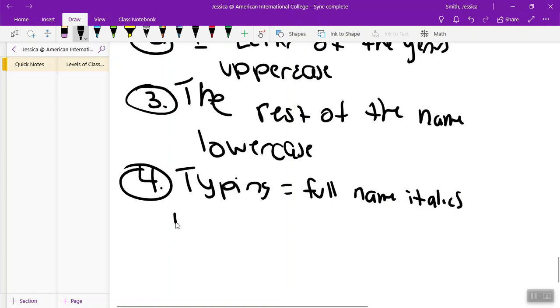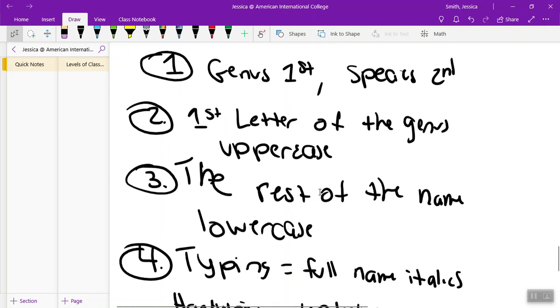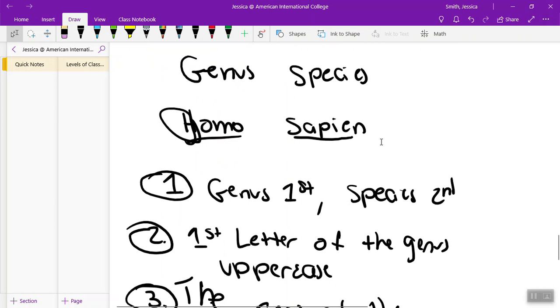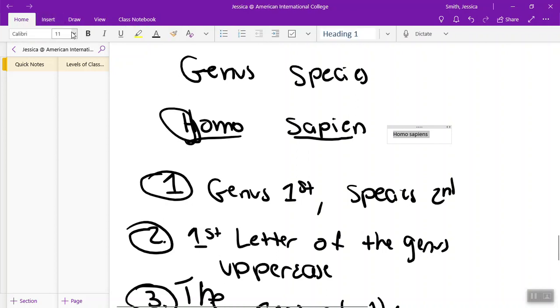If you're handwriting on a piece of paper, it's difficult to write in italics, so instead we underline the full name. If you go back here, you can see I underlined Homo sapiens. If I were going to type it, remember I capitalized only the H, I'm going to italicize it.